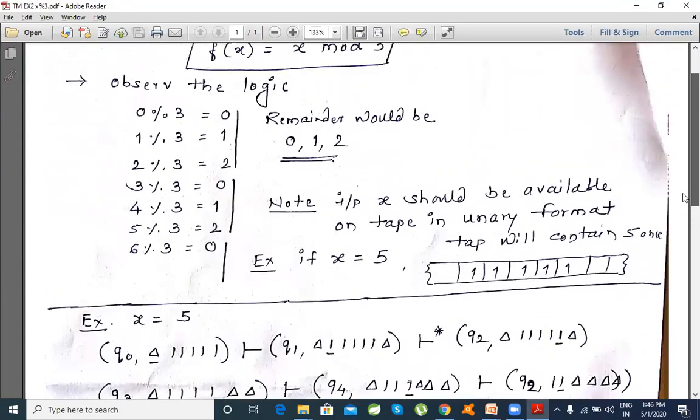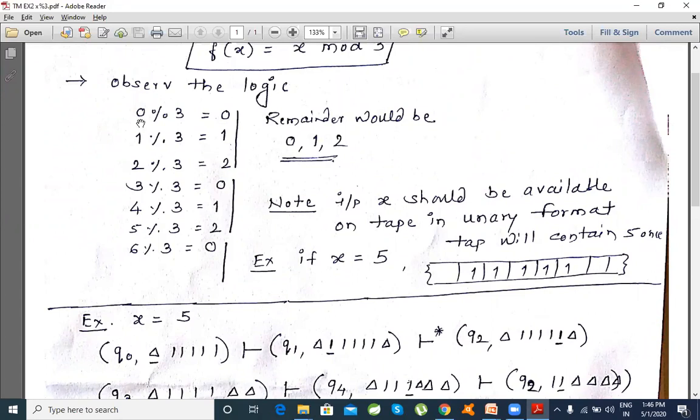One thing is sure: I should have 3 distinct states in my Turing machine, which remember remainder 0, remainder 1, and remainder 2.